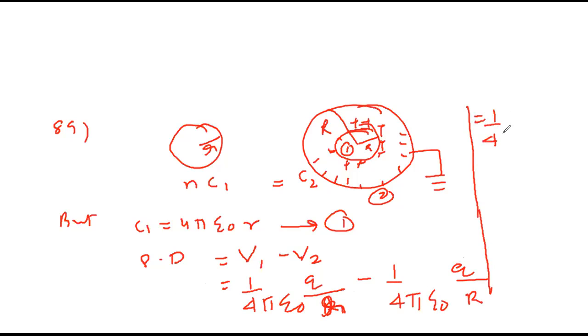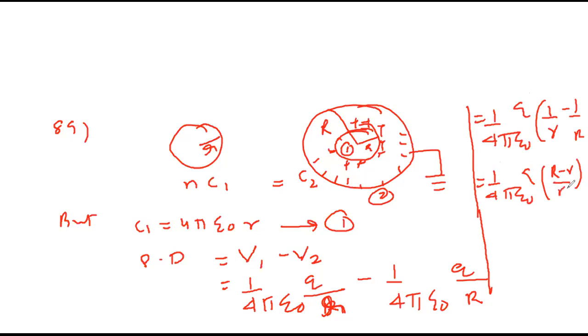So this will be 1 upon 4 pi epsilon naught q common inside, 1 by r minus 1 upon capital R. That will become 1 upon 4 pi epsilon naught q into capital R minus small r upon RR.